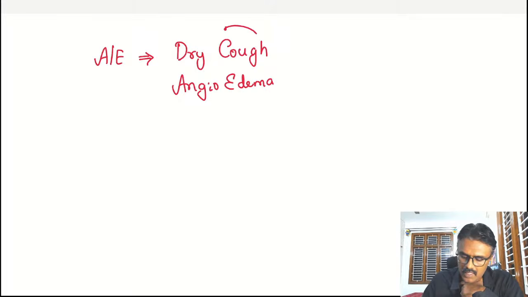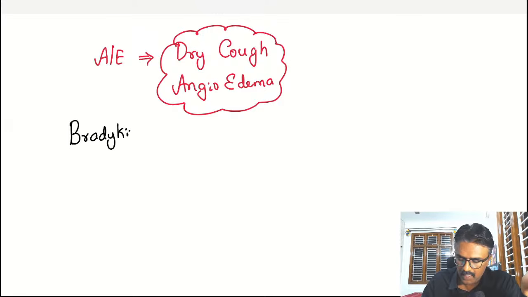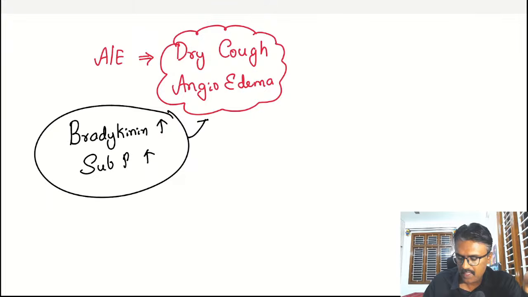These are due to the ACE inhibitors not allowing the degradation of bradykinin and substance P. So bradykinin levels go up, substance P goes up, and these are responsible for causing dry cough and angioedema. This is not done by ARBs, so they don't cause it.